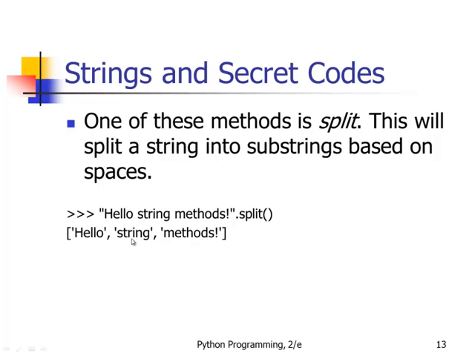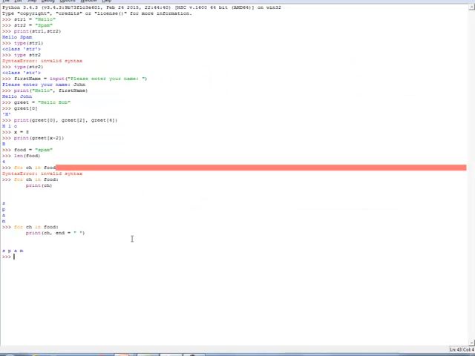So let's try this in IDLE. I'm going to do it a little bit different. I'm going to create a string called words, and I'm going to say that words is equal to "the quick brown fox". Now I'm going to split my string into substrings.